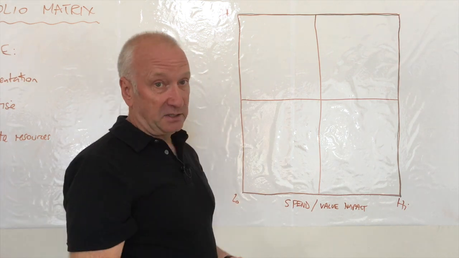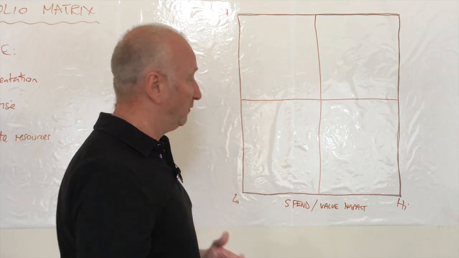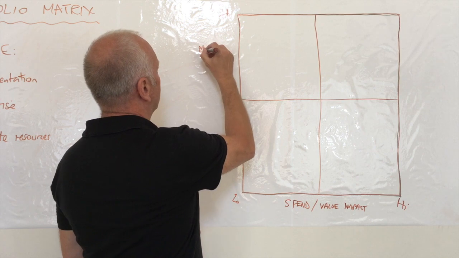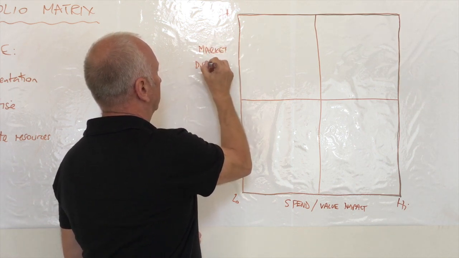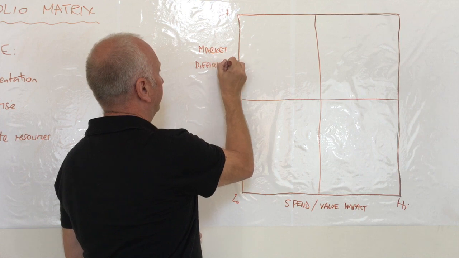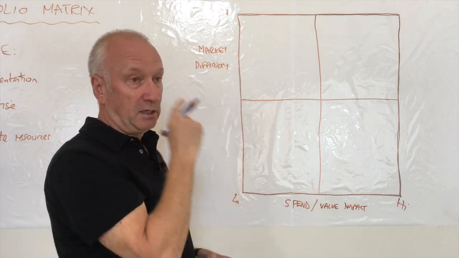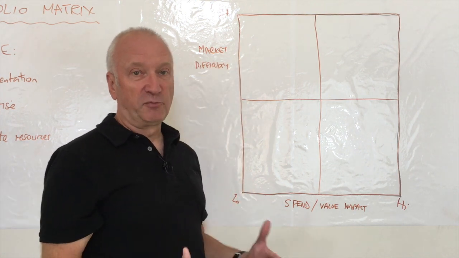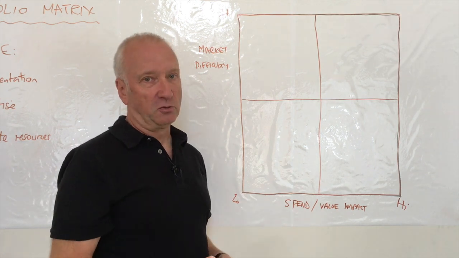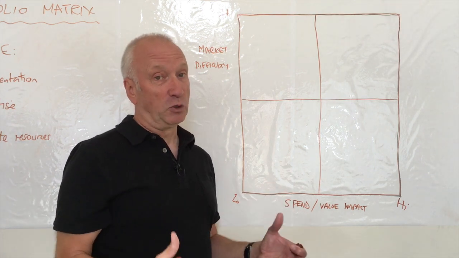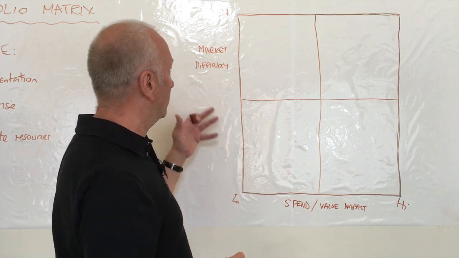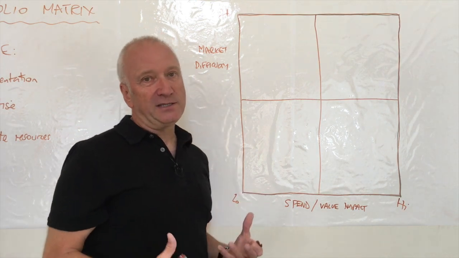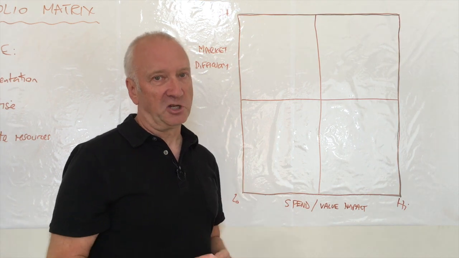The vertical axis is what we call market difficulty. So market difficulty, from low to high. Now you imagine if you are a head of procurement or a Chief Procurement Officer in an organization, or you're dealing with one as one of your customers, he or she will be thinking about, is this market easy to deal with, or is it very, very challenging?